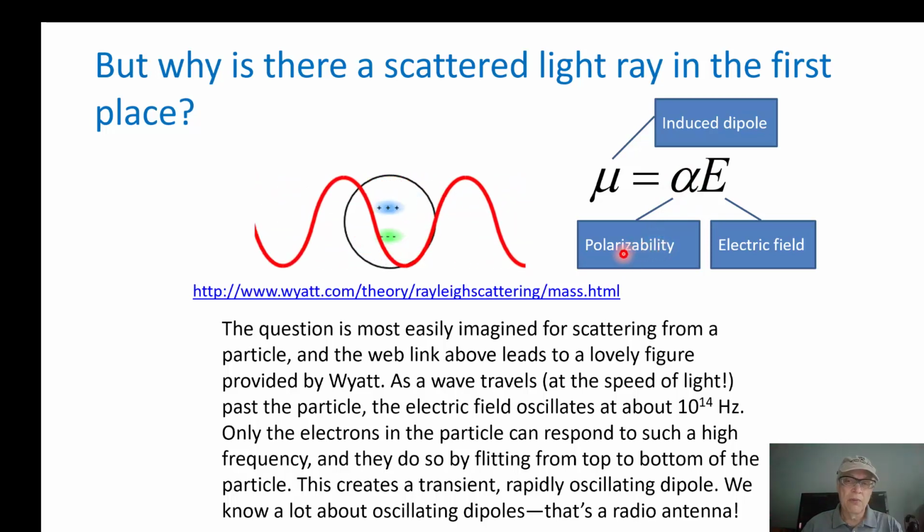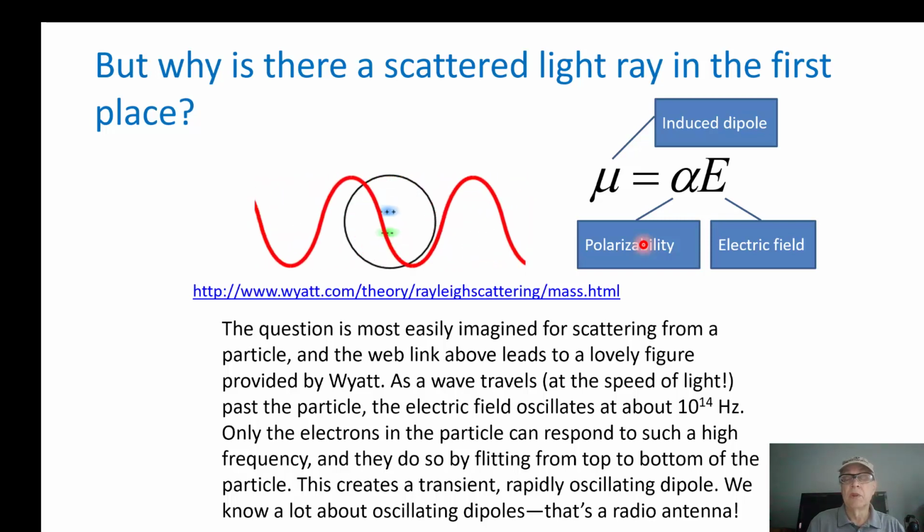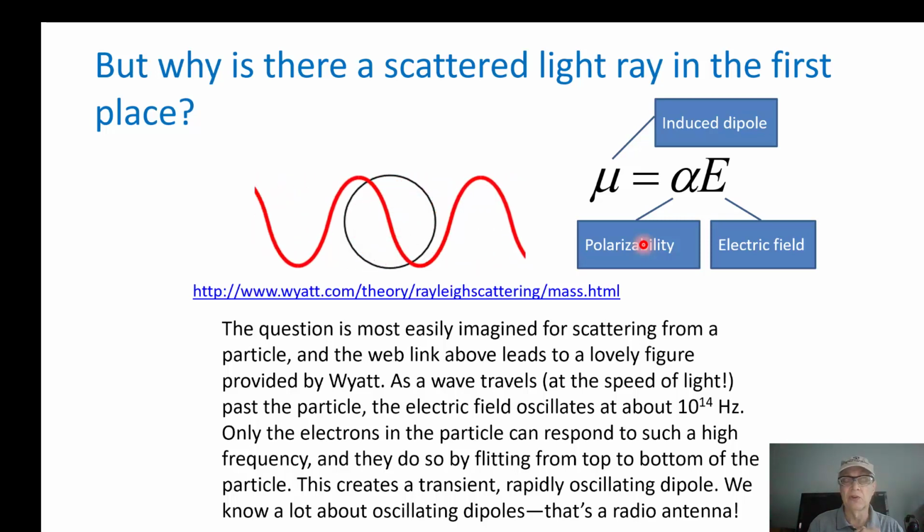All molecules have polarizability. Not all molecules have polarity. Even a completely non-polar molecule, let's say carbon tetrachloride, you can induce a polarity to it with an electric field. And if you do that at a very high frequency like light wave frequencies, 10 to the 14th, 10 to the 15th hertz, the electrons sit there and they oscillate. It turns out that we understand oscillating dipoles incredibly well.